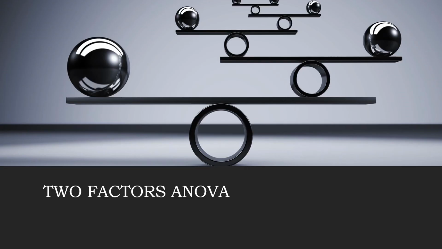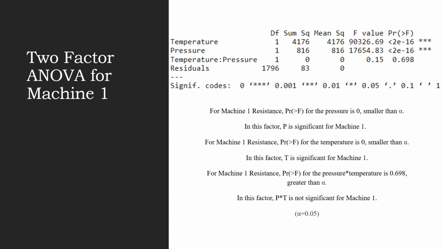Now we're going to talk about analysis of variance, also named ANOVA. Here's the two-factor ANOVA for machine 1. Whenever Pr greater than F is smaller than alpha, the factor is considered significant as stated above. So we assume that alpha is equal to 0.05, and in the table provided, we can see that the value for temperature and pressure for Pr greater than F is smaller than 2e to the power minus 16.